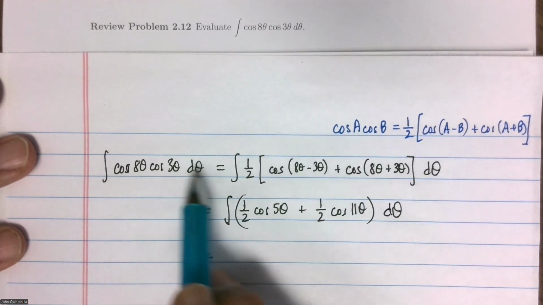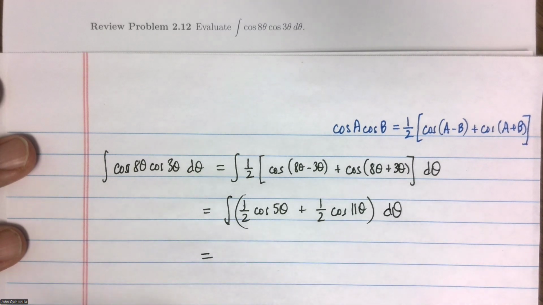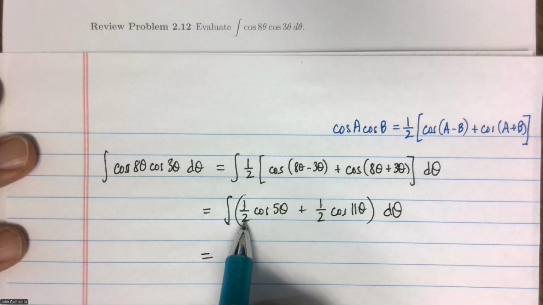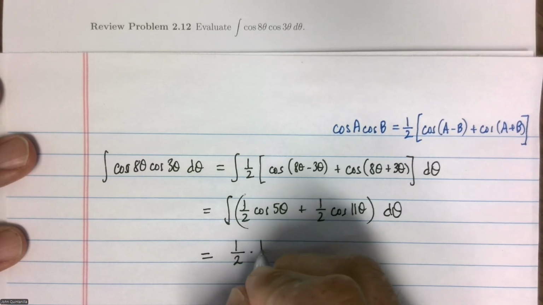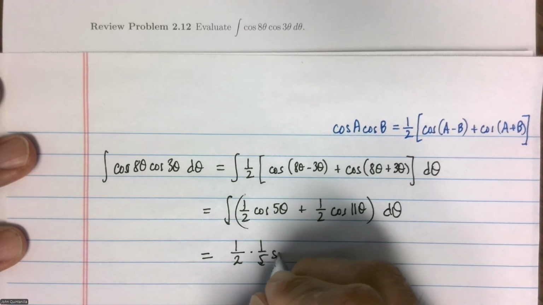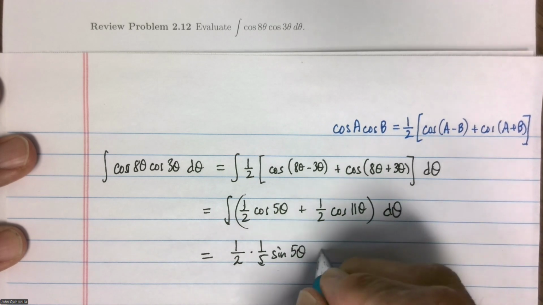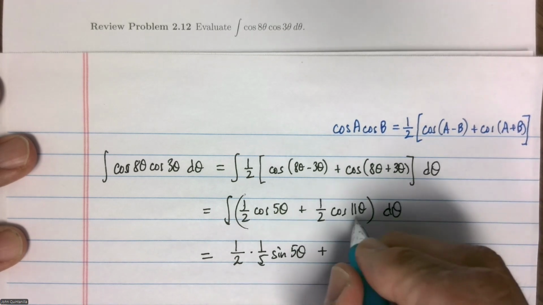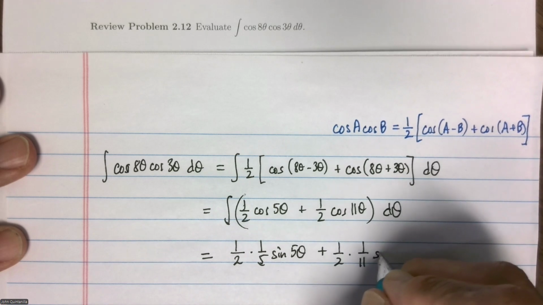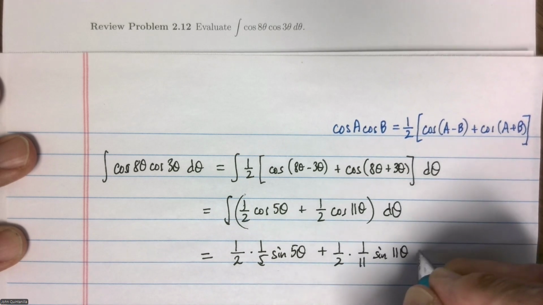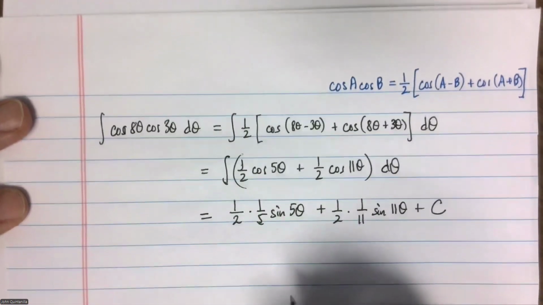So I've converted the product to a sum, and now the integral is fairly straightforward. The integral of 1/2 of cosine 5 theta is 1/2 times 1/5 sine of 5 theta. And the integral of this will be 1/2 times 1/11 times the sine of 11 theta plus c.